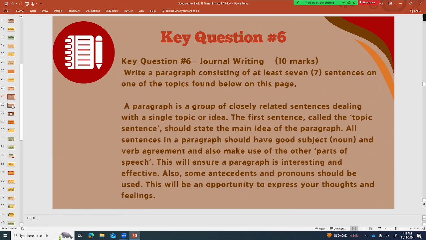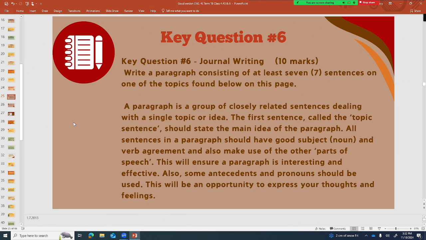Hang on a sec. Okay, so key question number 6. This is journal writing, 10 marks. Write a paragraph consisting of at least 7 sentences on one of the topics found below on this page. A paragraph is a group of closely related sentences dealing with a single topic or idea.